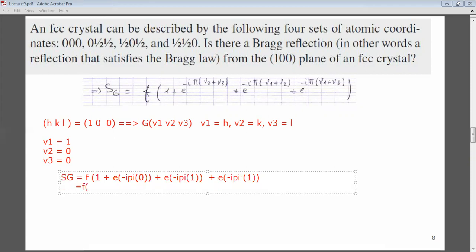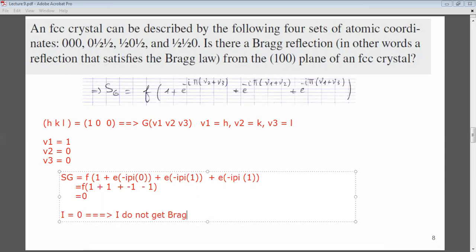And what is SG in this case? It is F into 1 plus e to the 0, which is 1, plus e to the minus i pi, which is minus 1, and e to the minus i pi, which is minus 1. So I get SG equal to 0, which implies the intensity equals 0 because it is proportional to SG squared, which implies I do not get Bragg reflection from the 1, 0, 0 plane.